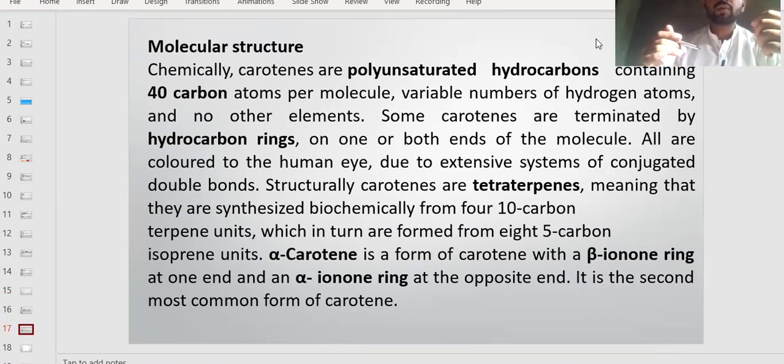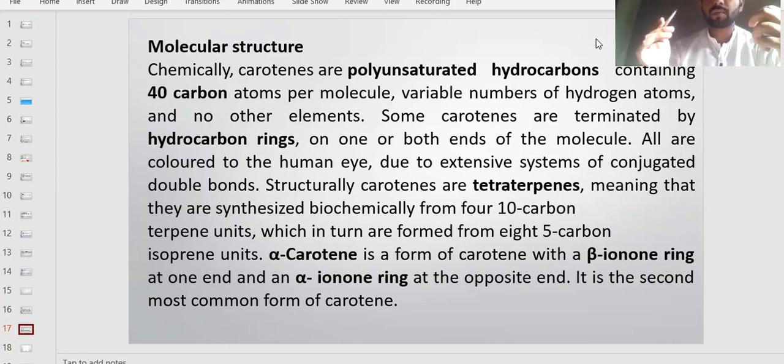All are colored to human eyes due to the extensive system of conjugated double bonds. Structurally, carotenes are tetraterpenes, meaning that they are synthesized biochemically from four 10-carbon terpene units, which in turn are formed from eight 5-carbon isoprene units.